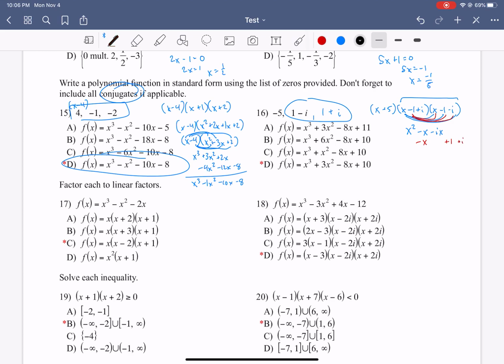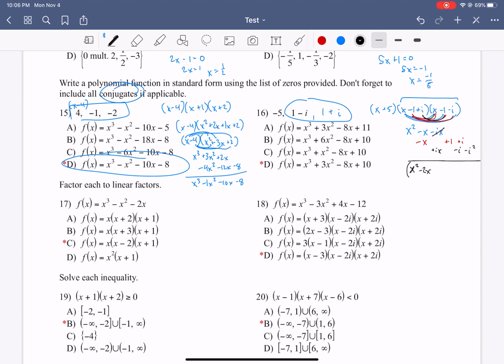And then the last one, we have i times x, which is positive ix. We have i times negative 1, so minus i, and then we have positive i times negative i, so minus i squared. So we're going to try to add these all together. We get x squared, nothing to combine with it. We have negative x plus negative x, so negative 2x.